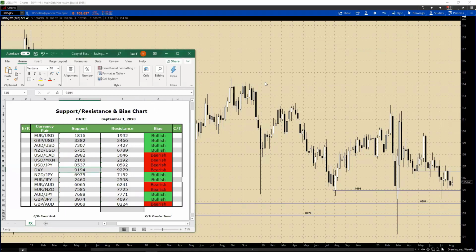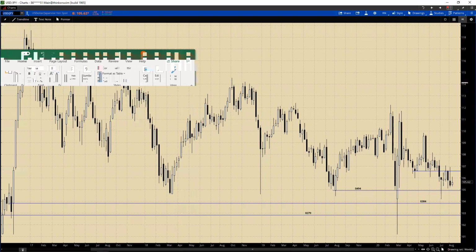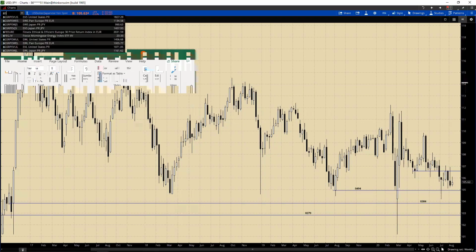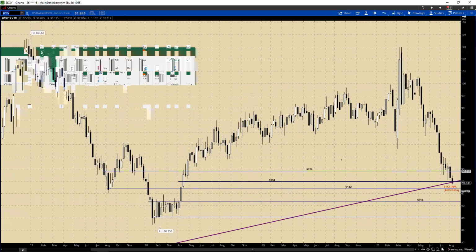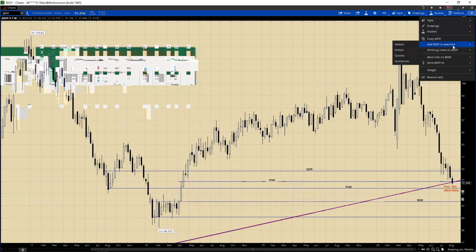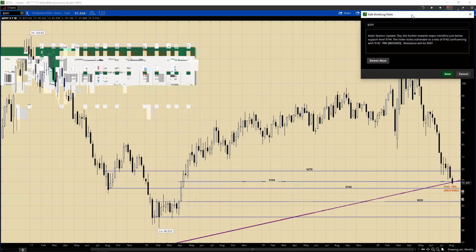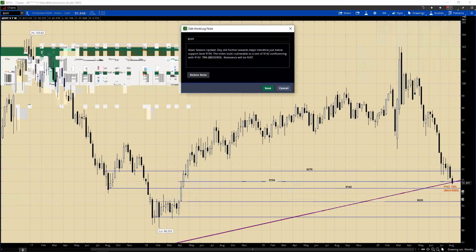There we go. And the cash dollar index. So the dollar index slid further towards a major trend line just below the support level, which we had yesterday, which was 91.94.